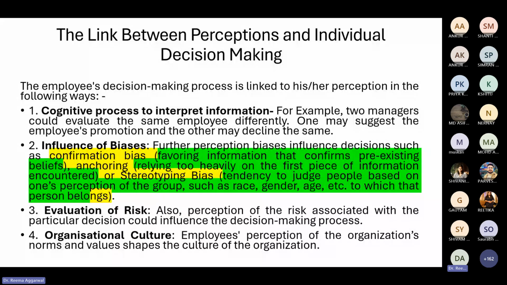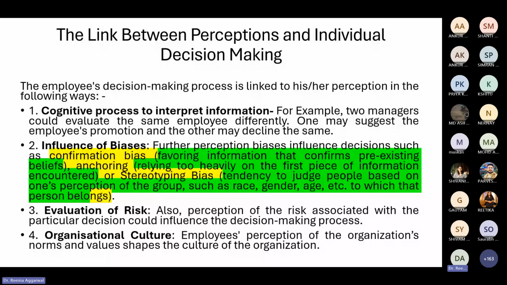And individual decision making ability is influenced by individual perception. That is why we are trying to understand how perception is going to impact my decision making power.